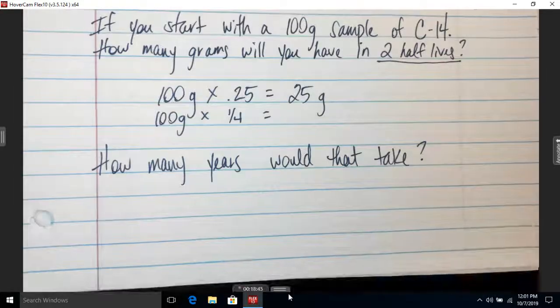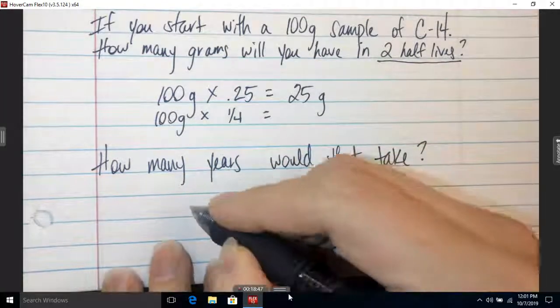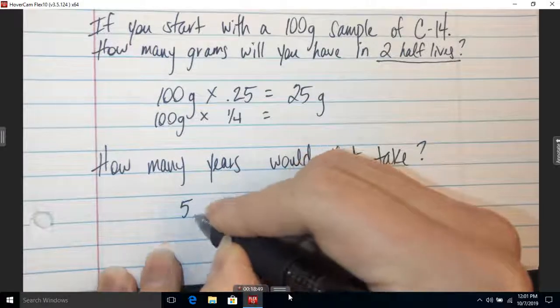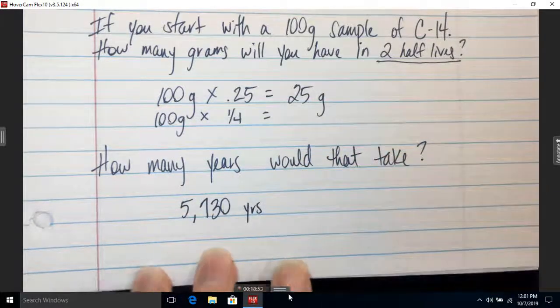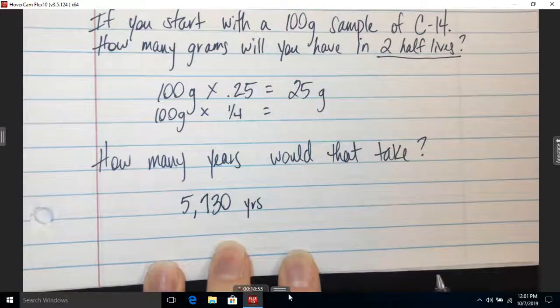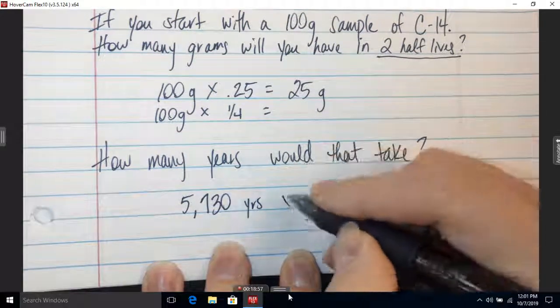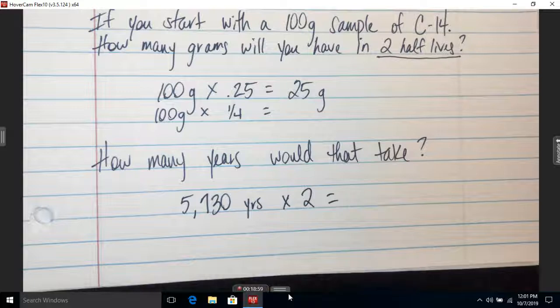So, okay. Yes, so 1 half-life is 5,730 years. How many did we go through? 2 of them. Does that make sense?